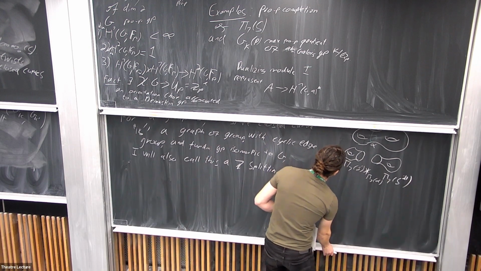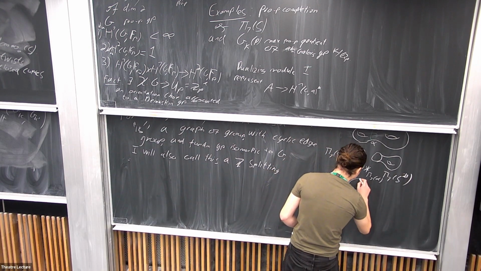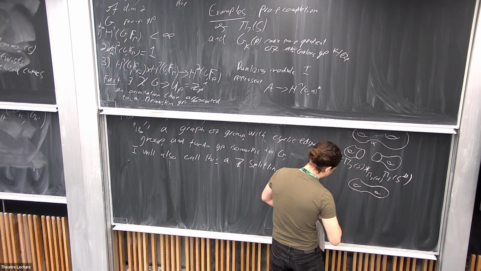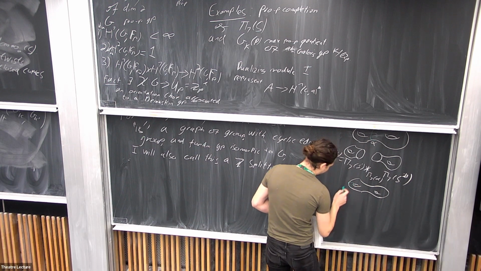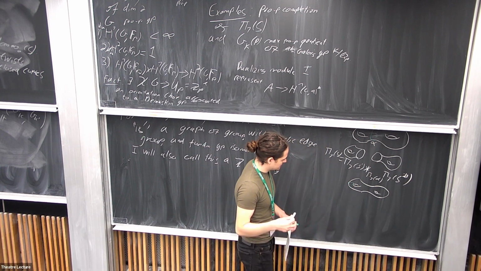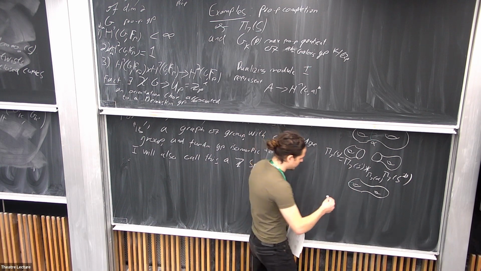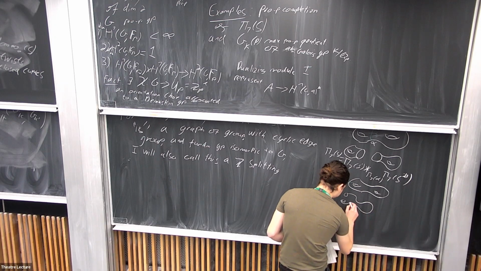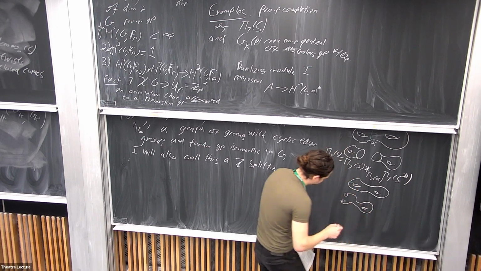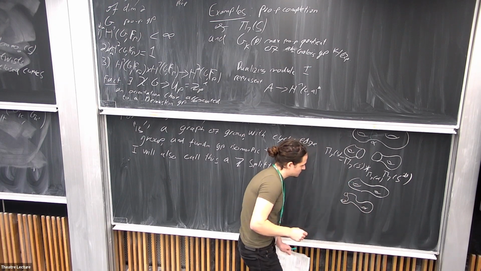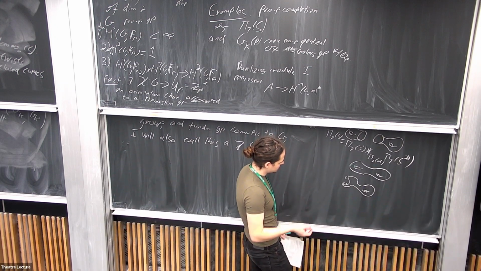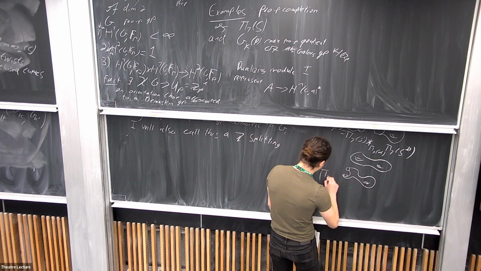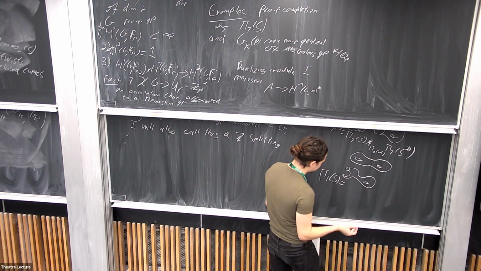And if you take a curve which is non-separating, so you get only one connected component, then you have another notion called an HNN extension, which tells you how to reglue everything.